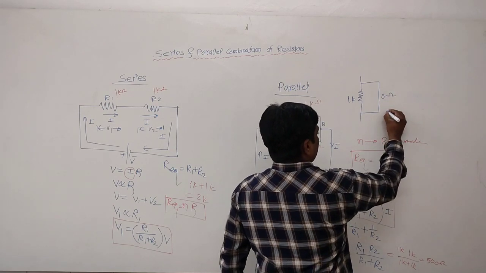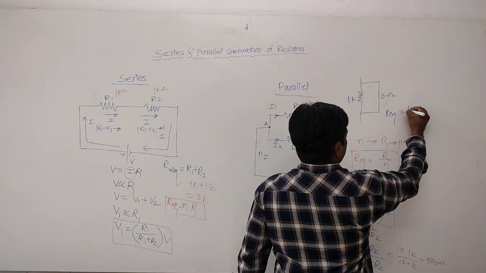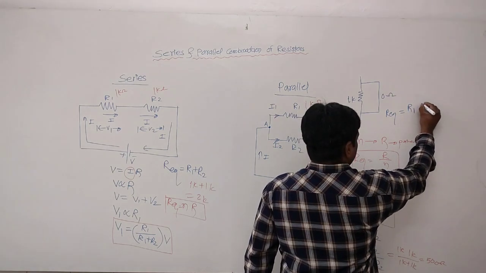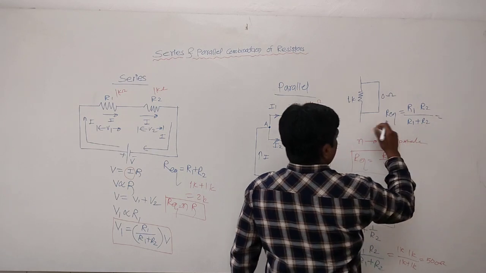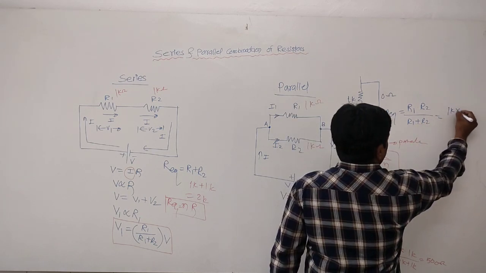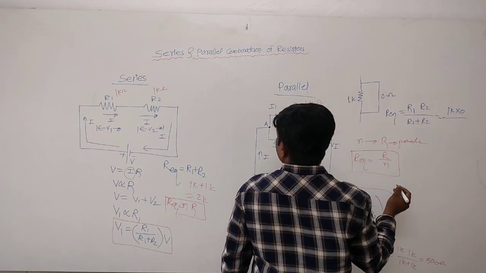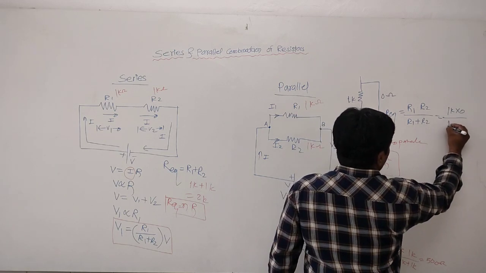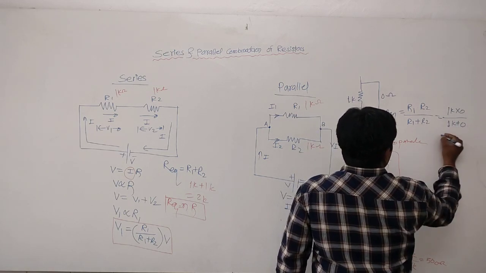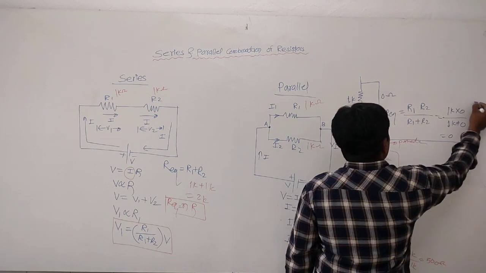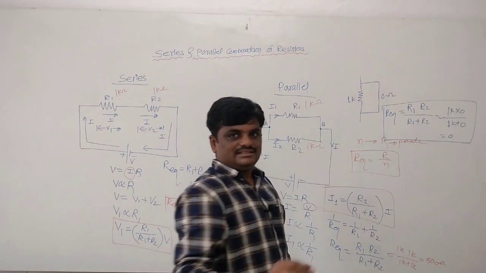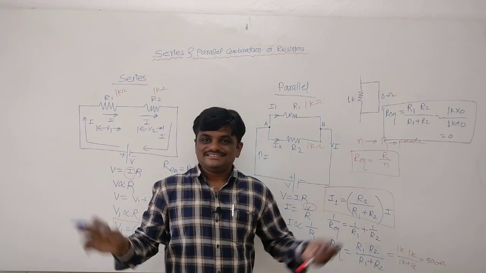So that is why the equivalent resistance, if you use the formula R1 multiplied by R2 divided by R1 plus R2, is equal to 1k multiplied by 0 divided by 1k plus 0, so it is equal to 0. So a short circuit in parallel with anything is always equal to a short circuit, meaning 0 resistance.